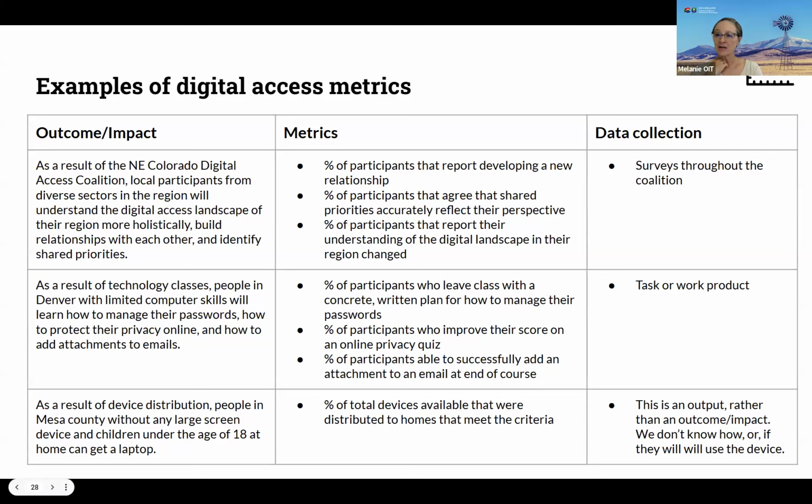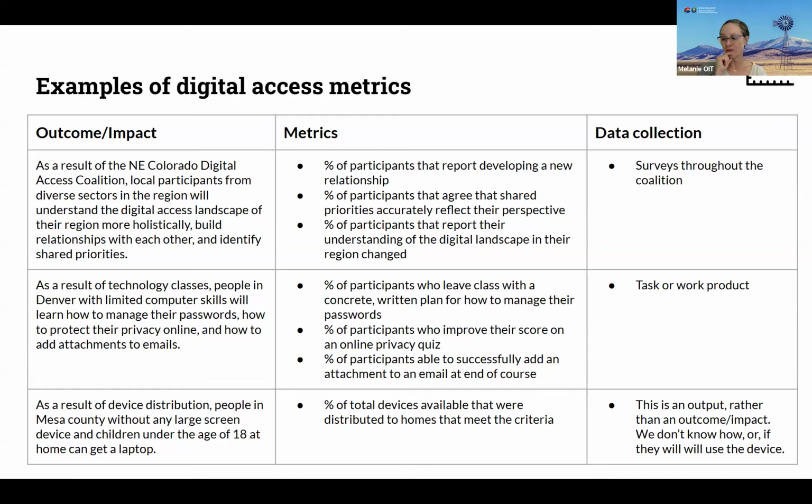And you'll notice in the last row, we're talking about that device distribution example, people getting a large screen device. We can measure how many devices go out, but that's an output. It's not really telling us whether there's an impact.